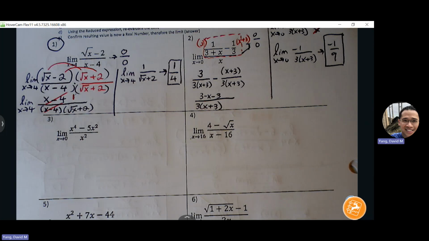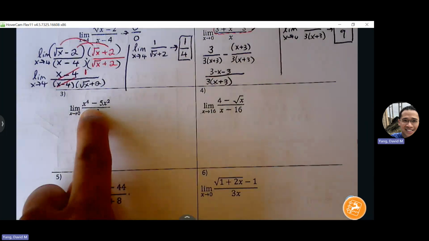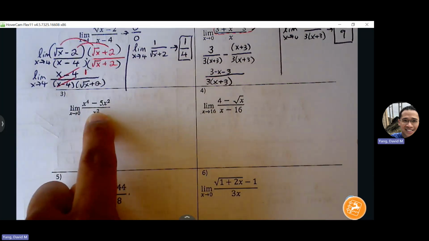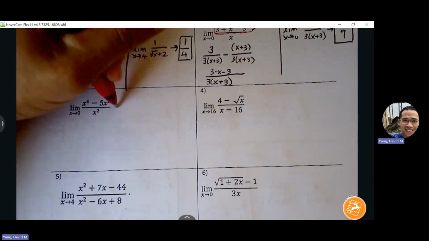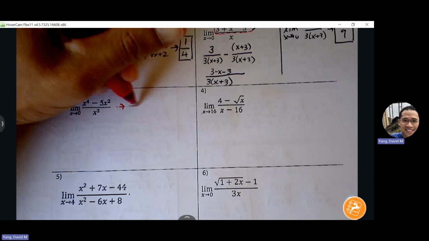Okay, so number 3, you're going to get 0 over 0. So you know this is a factoring problem. What's the GCF that we can take out? X to the second.